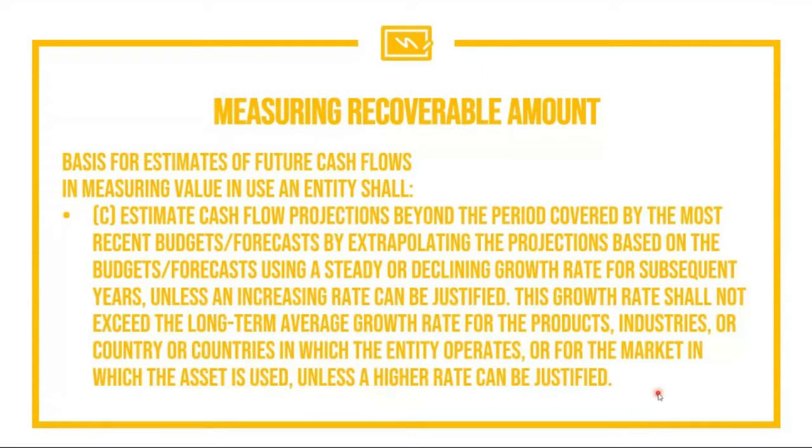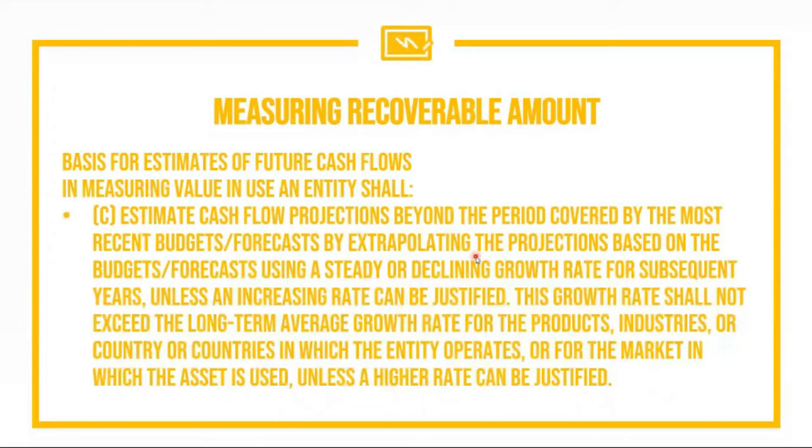So basically, what are we trying to say here? Based on the standard, the maximum projection should only be for 5 years. But if you can justify that you can still generate cash flows for more than 5 years, then for the remaining periods, like year 6, year 7, year 8, etc., you need to use a projection that will be extrapolated.